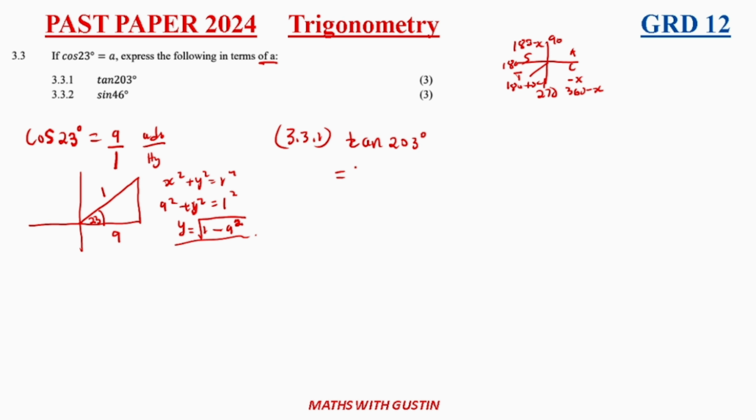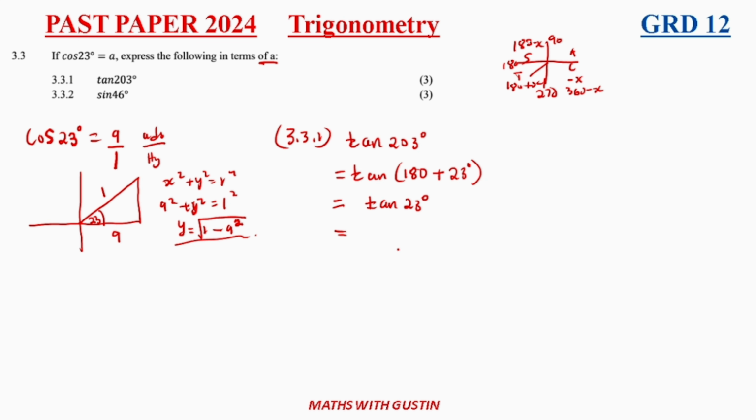So this one you can express as 180 plus some number to give us 203, which that number will definitely be 23. We know that tan is positive in this quadrant, so it's just going to be tan 23.